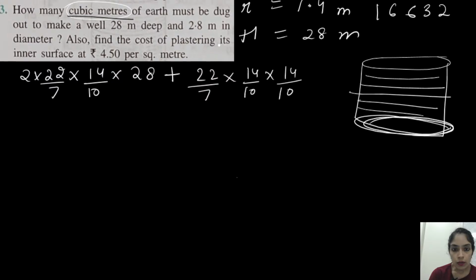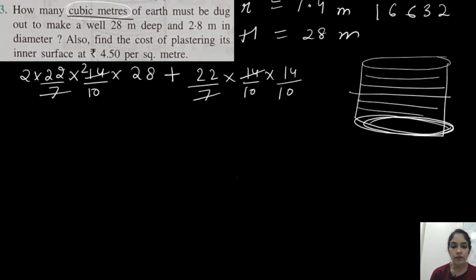Also find the cost of plastering its inner surface. Just do like this only. Don't take bottom surface into consideration. Okay, bottom surface we don't have to consider it.